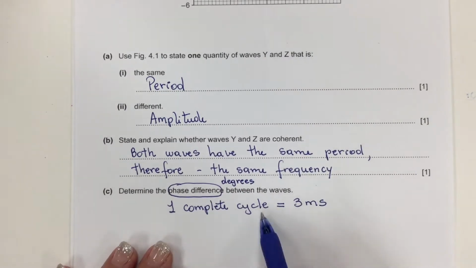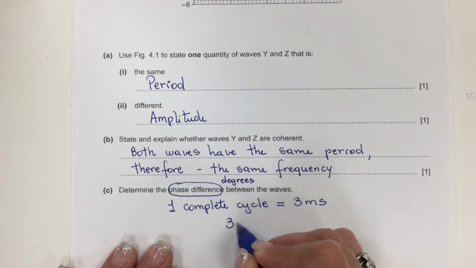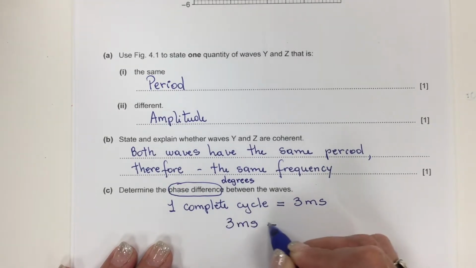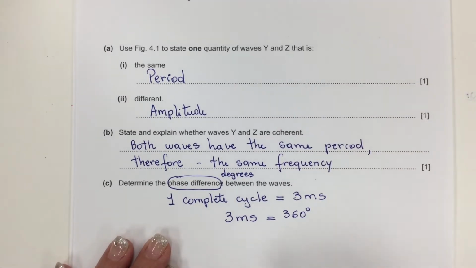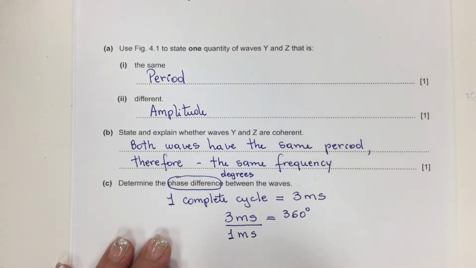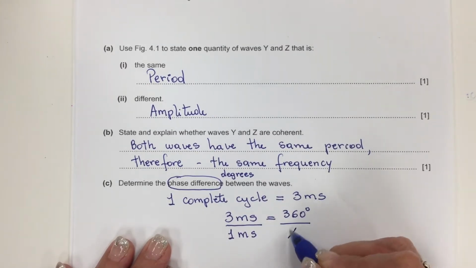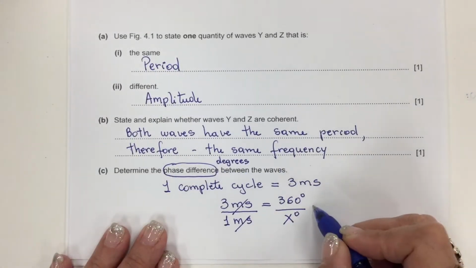So we know that one complete cycle is 3 milliseconds, which means that 3 milliseconds corresponds to 360 degrees. Now the difference between both waves is 1 millisecond. So what will be the correspondent in degrees? So let's cancel these units.